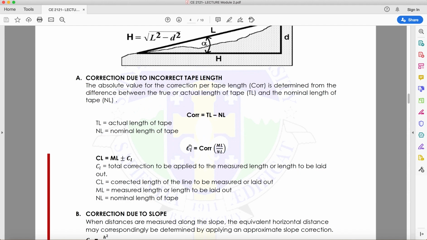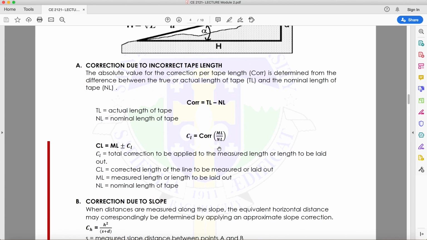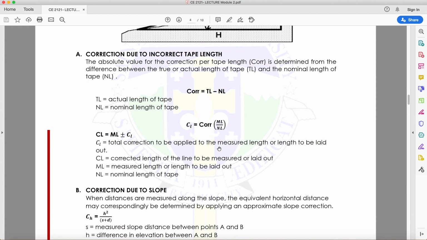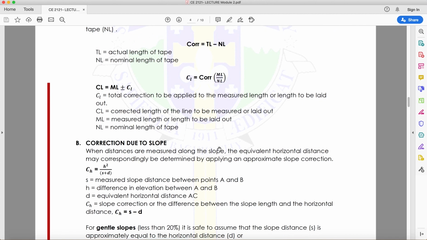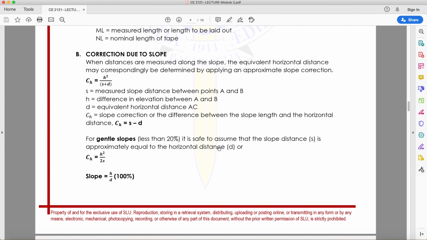So CL is equivalent to the correction times the measured length divided by the nominal length of the tape. Okay? So ganun lang naman 'yon. Don't worry, we will be having examples later. Let's just first finish or run down the equations, okay?